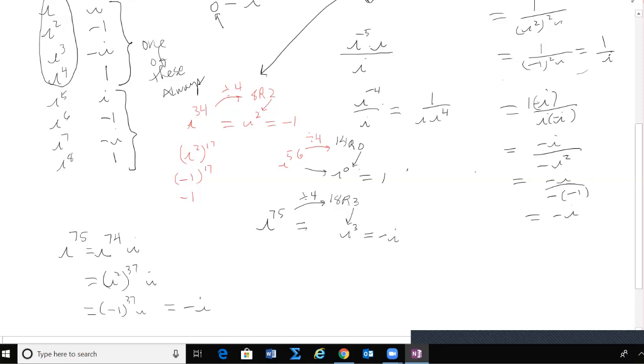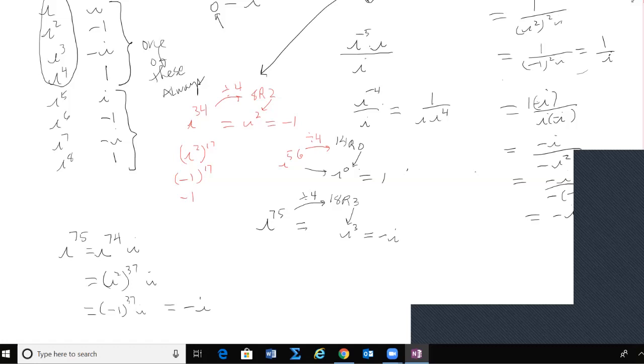About the same amount of work. I don't have to remember anything except what i squared is. This method forces me to remember what i cubed is. So it's six of one, half a dozen of the other. Anyway, so that is how you handle the powers. And that's about it for complex numbers.